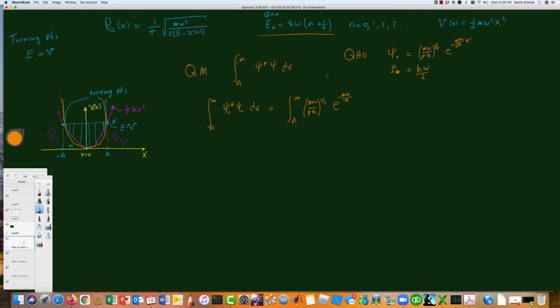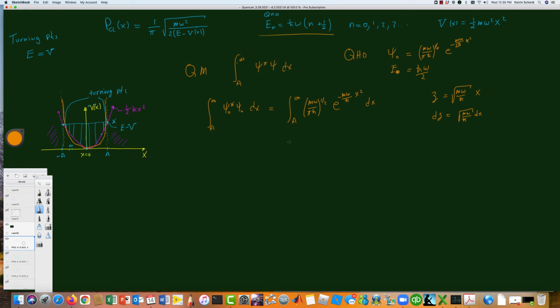The 2 goes away because there are 2 factors of the e to the x squared stuff. Now we're going to make a substitution to take care of all these constants. We'll let c be the square root of m omega over h bar, times x. Then dc would be the square root of m omega over h bar dx.